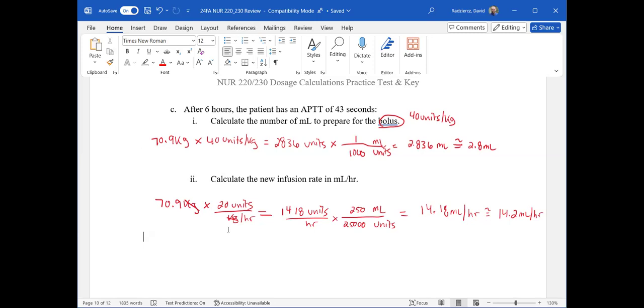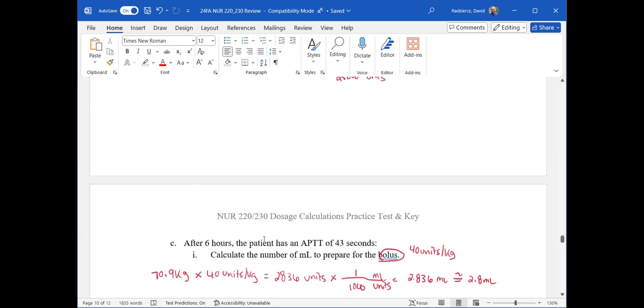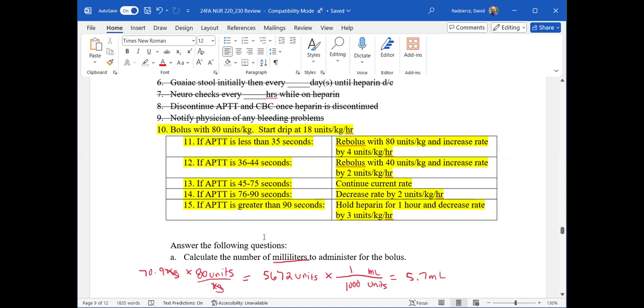So we're making an assumption that this is the first 6-hour interval, but usually that's why I'm saying I don't think they're going to ask you this question. But if you don't know anything else, you know that you started at 18, so you just add or subtract depending on what it tells you to do. Okay, will you scroll back up to the thing real quick? Okay, so it is 40 units per kilogram, increase rate by 2 units per kilogram per hour.